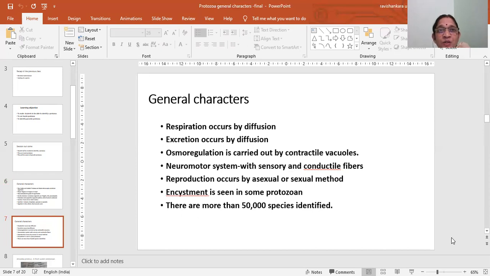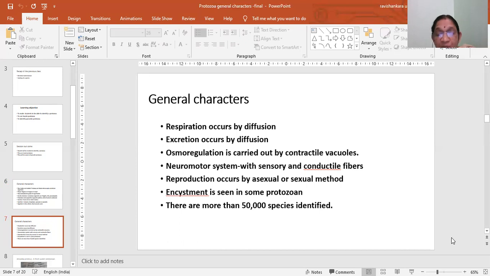And through this endosmosis, as and when water enters the cell, the water in the cell and the protoplasm increases and the fluid component will be increased. It has to be thrown out simultaneously by osmoregulation. So this osmoregulation is managed by certain vacuoles seen in the cell called contractile vacuoles.